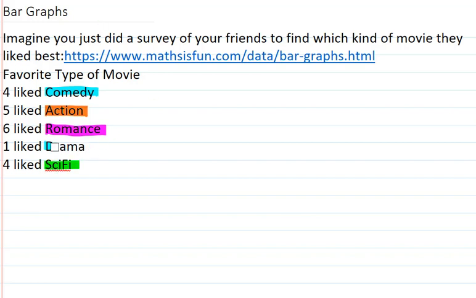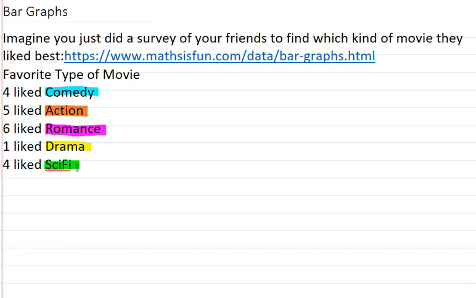Let me change the color on drama to yellow, that way every subject has a different color. Okay, so I've highlighted comedy in blue, action in orange, romance in pink or magenta, drama in yellow, and sci-fi in green.